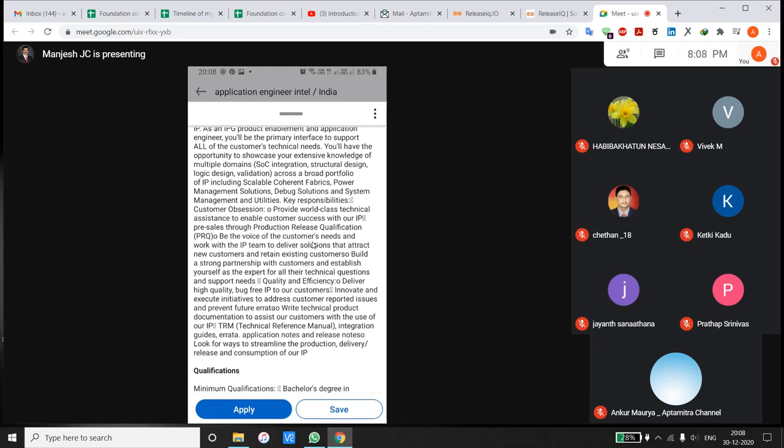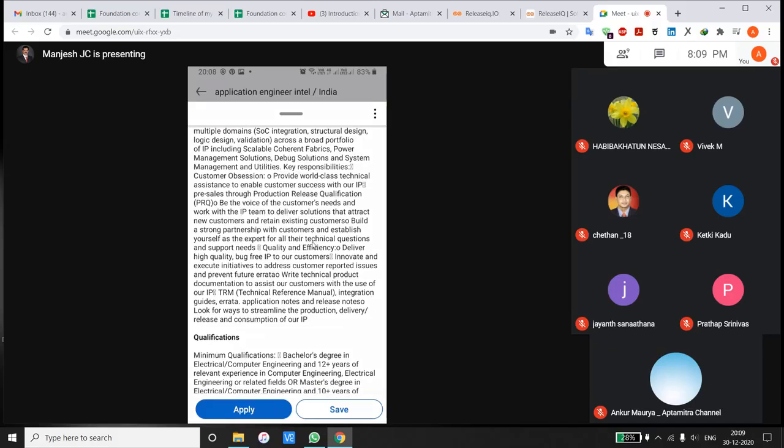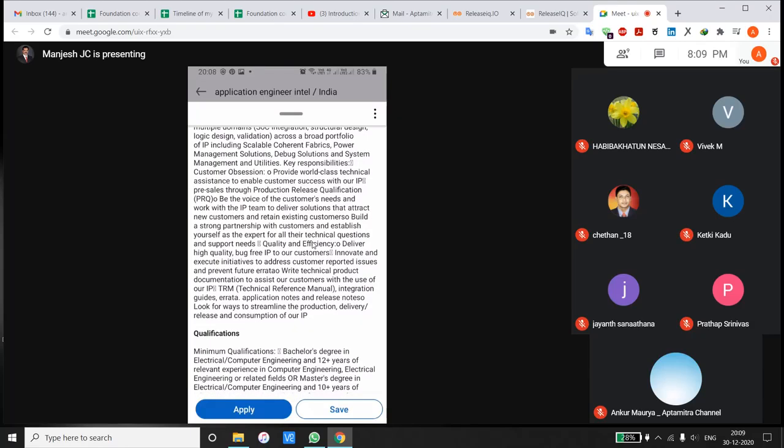Build a strong partnership with customers and establish yourself as the expert for all their technical questions and support needs. So usually any semiconductor company will need an application engineer, whether it is Marvell, AMD, Samsung, everybody will have an application engineering role.